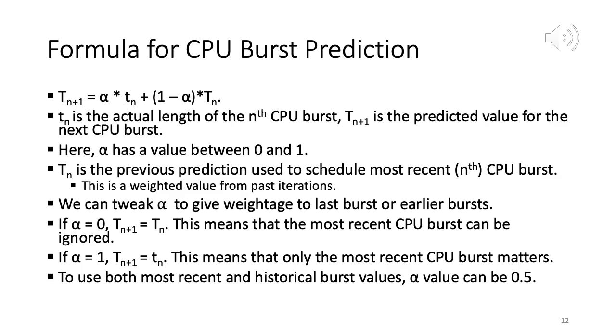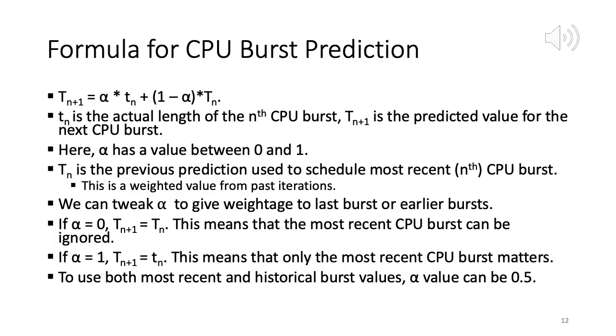This is the formula we have: T(n+1) = alpha times t(n) + (1 minus alpha) times T(n), with small t and large T. So what are these quantities? Small t subscript n is the actual length of the nth CPU burst, the real length of the nth CPU burst of a process.